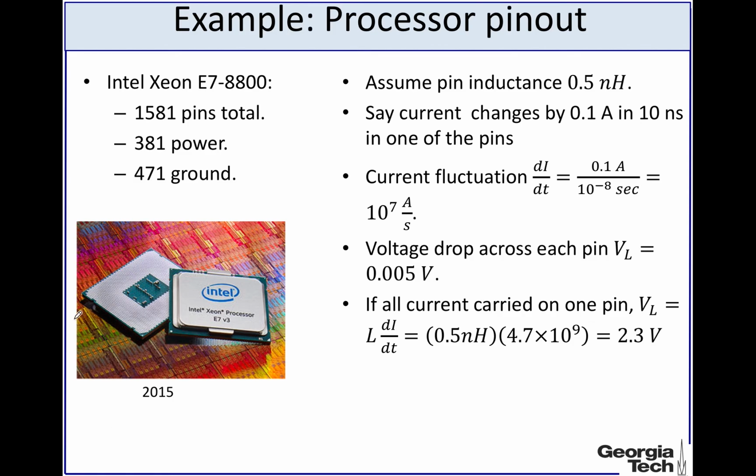So in this example we will consider an Intel Xeon processor which came out in 2015. It has a total of around 1500 pins, and out of these 1500 pins around 381 are for the power and 471 for ground.